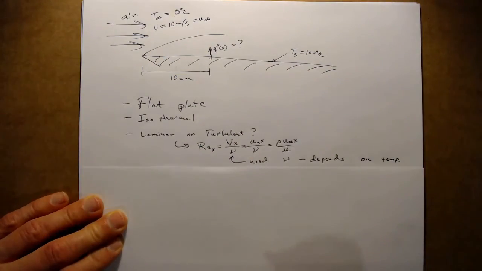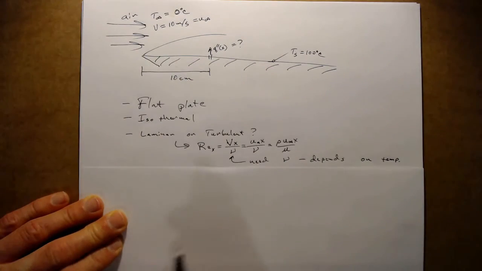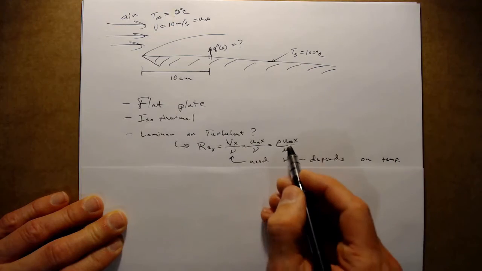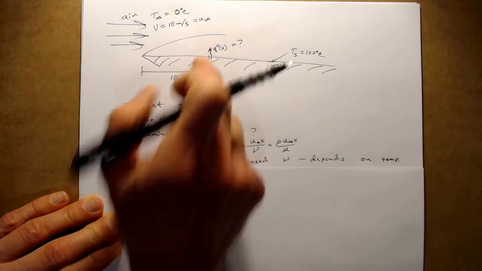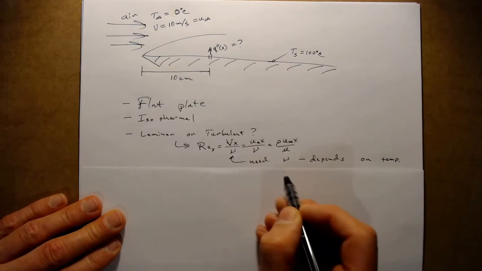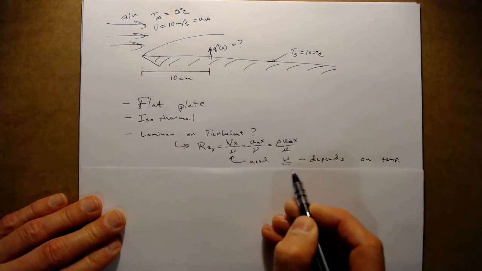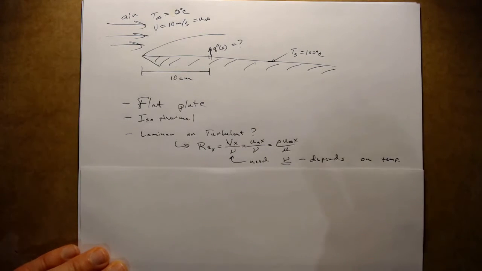Is there turbulent mixing? Well, that's going to depend on what the Reynolds number is at this point, as defined by the free stream velocity times the distance from the leading edge to that point divided by the kinematic viscosity. In order to evaluate that, we need to evaluate kinematic viscosity nu.